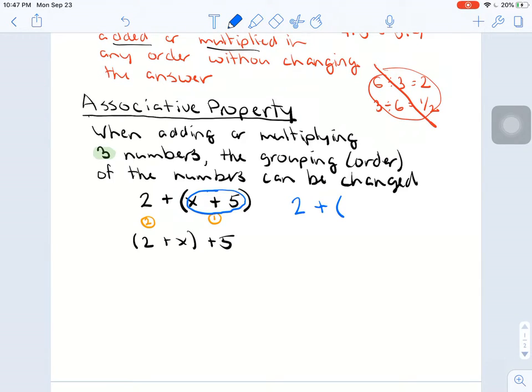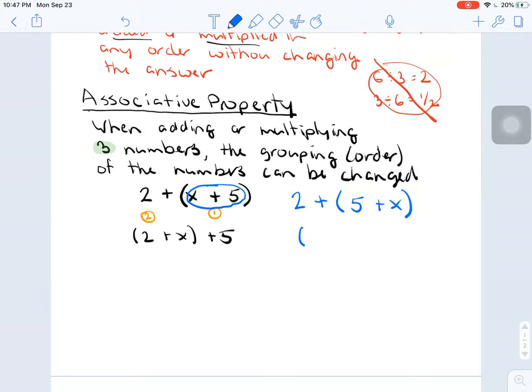So now the problem would look like this: 2 plus 5 plus x. Then I could use associative property to change the order that I'm adding the 3 numbers. Instead of doing 5 plus x plus 2, I could do 2 plus 5 plus x.